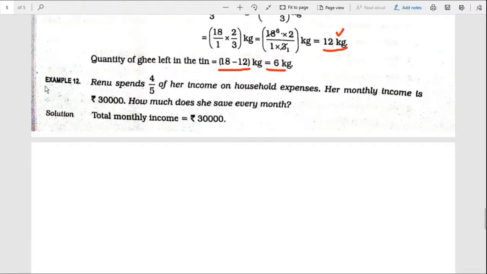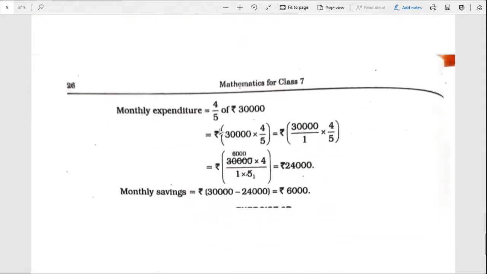In example number 12, Renu spends 4 by 5 of her income on household expenses. Her monthly income is rupees 30,000. How much does she save every month? Solution. Total monthly income is 30,000. Monthly expenditure is 4 by 5th of 30,000.